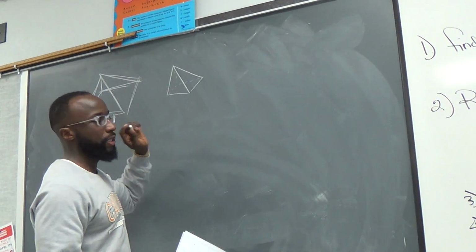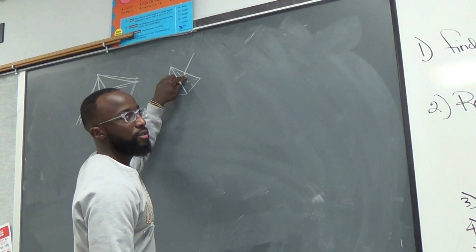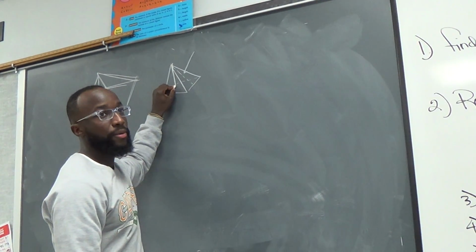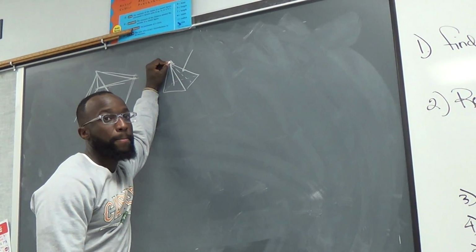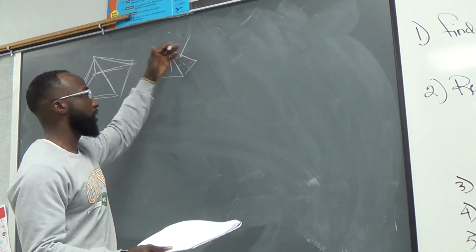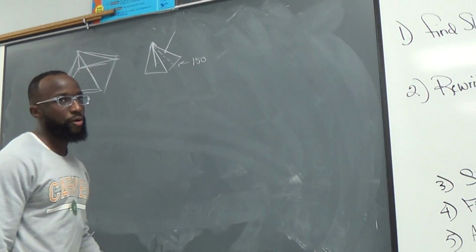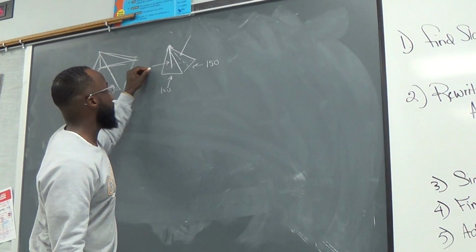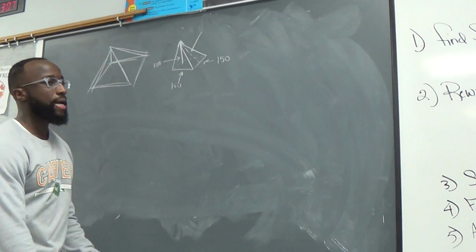Now, typically we'll either give you the slant height, which is this measure, or you'll be given the height of the pyramid, from the base to the top corner. Let's say the base is 150 by 150, and the height of the pyramid is 100. We would have to find the slant height.